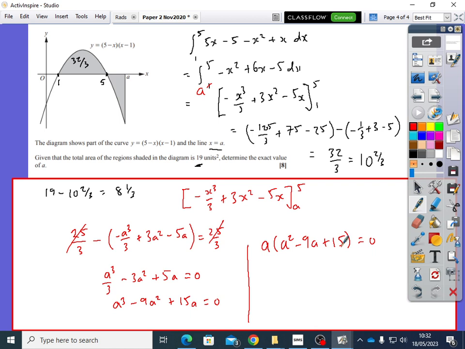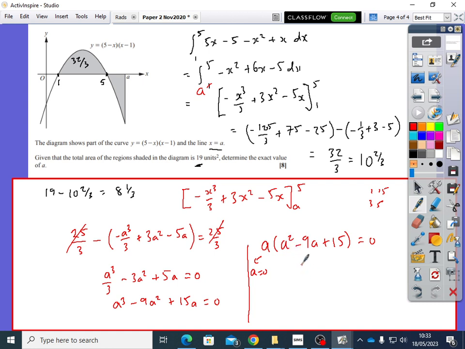Yeah, this one will not factorize. I'm just going to double check it. So 1 and 15 won't give me it, 3 and 5 won't give me 9. So you can have a equals 0, which we know it obviously isn't, and then this one we'll have to factorize by using completing the square or the quadratic formula, but I'm just going to complete the square.